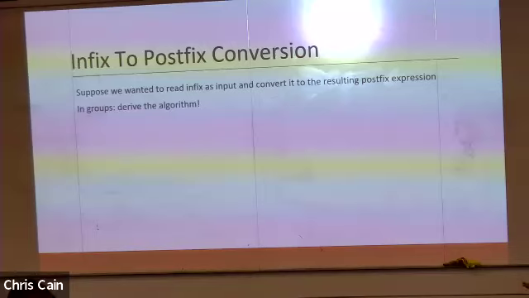How do you deal with these parentheses that this end user wants to do? How do we read in parentheses? How do we read in other operations? How do we account for this weird concept of order of operations? And how do we convert all of that into the answer? You're not trying to evaluate this infix expression, you're trying to just convert it into a legal postfix string with the same answer as that infix expression.